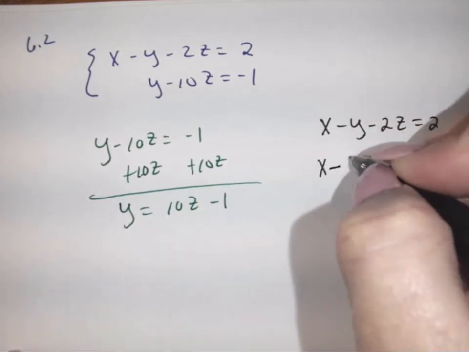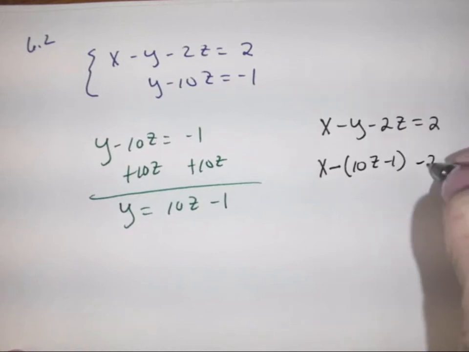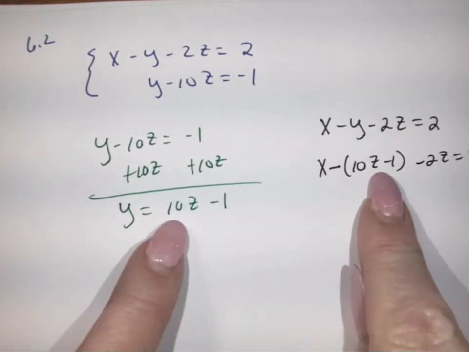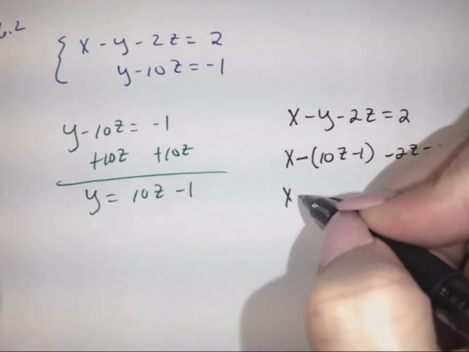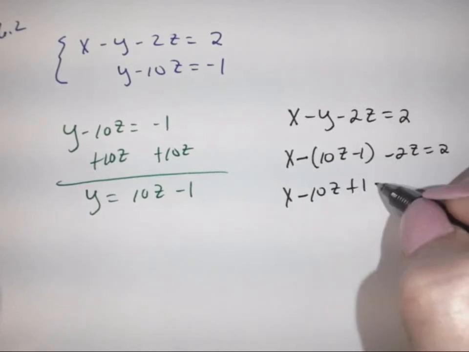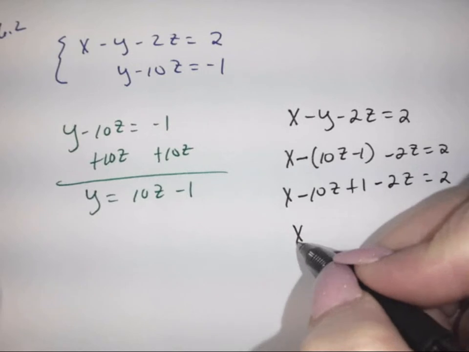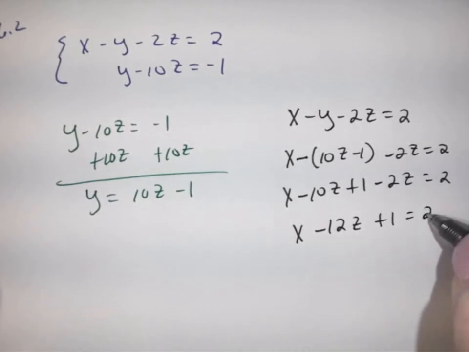So x minus (10z minus 1) minus 2z equals 2. Now instead of y, I have 10z minus 1. So I now have x minus 10z plus 1, distributing the negative sign, minus 2z equals 2. Combining like terms, I have x minus 12z plus 1 equals 2.